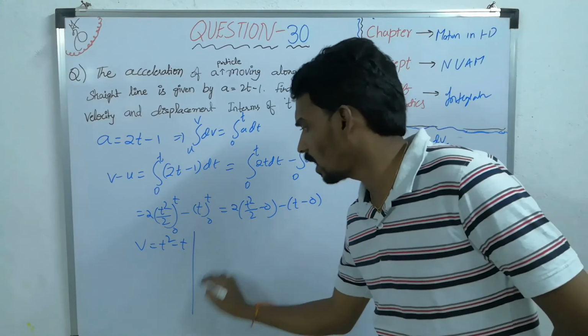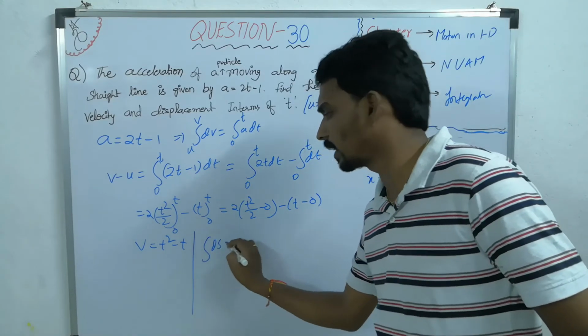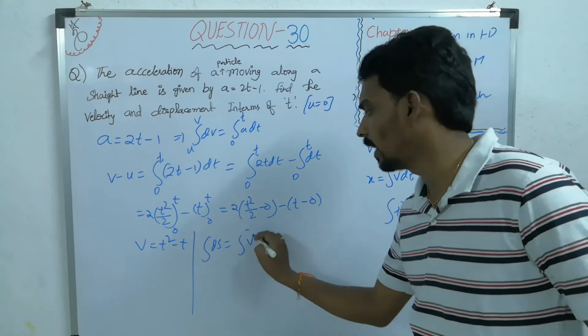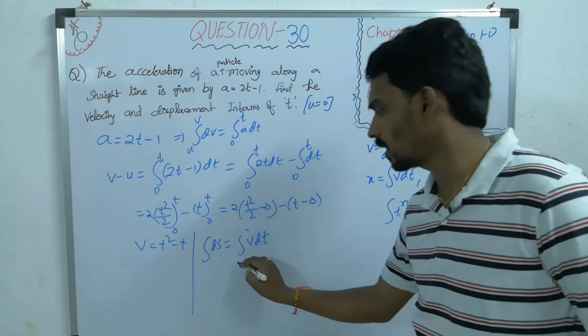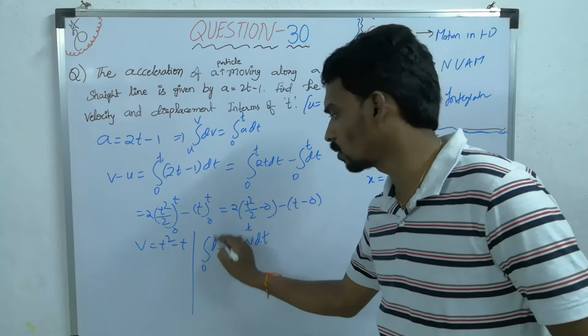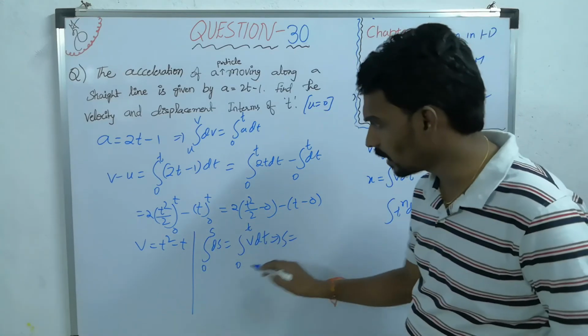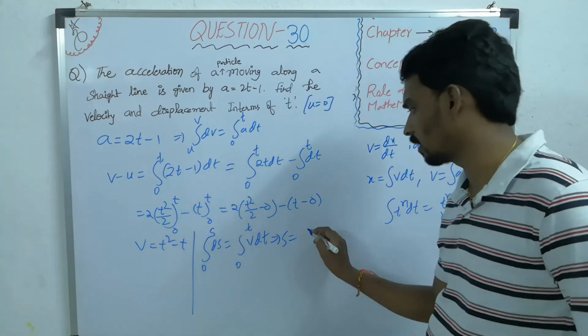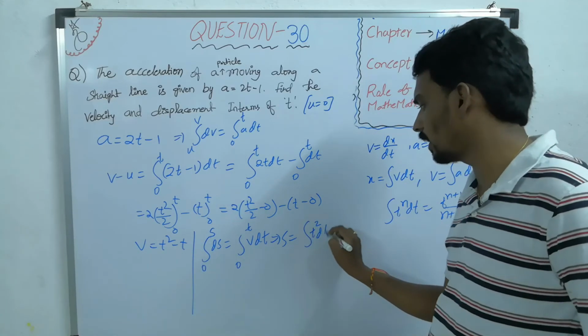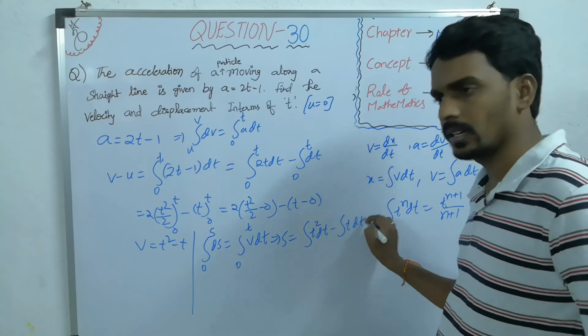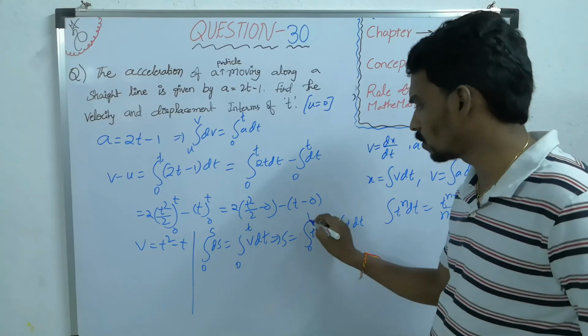Similarly, now you get the displacement: integration of ds equals integration of v dt, from 0 to t on the right and 0 to s on the left. So s equals integration of v dt, where again two terms are there: integration of t square dt and integration of t dt, from 0 to t.